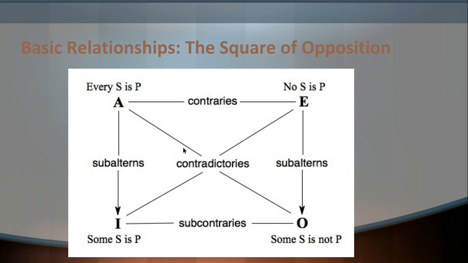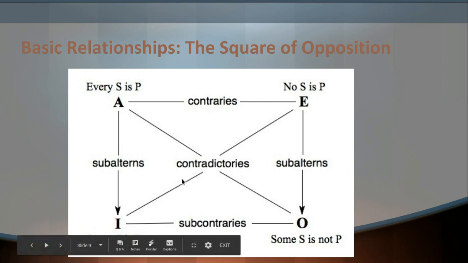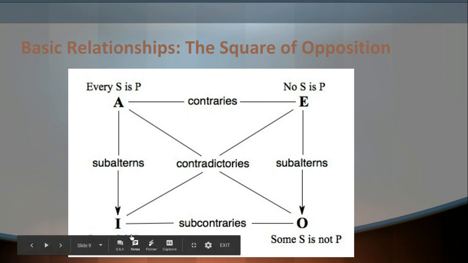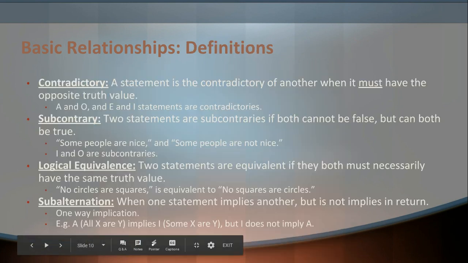Some of them are contradictories, and they have to have opposite truth values. They can't both be true. In fact, if one's true, the other has to be false. Others are subcontraries. They can't both be false, but they can both be true. And then others imply others, and others are contrary statements.